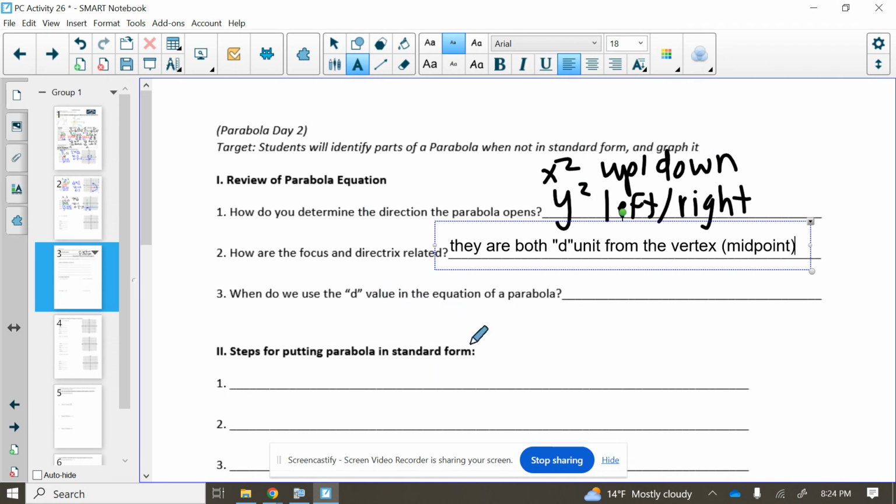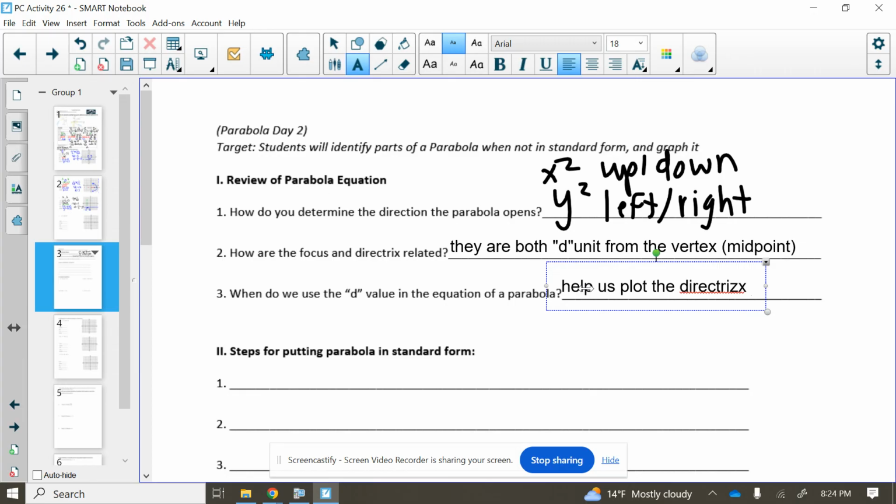When we use the d value in the equation of a parabola, one way that can help us is if we know the vertex, that's going to help us plot the directrix and the focus because they are both the same amount away, d units from that vertex.